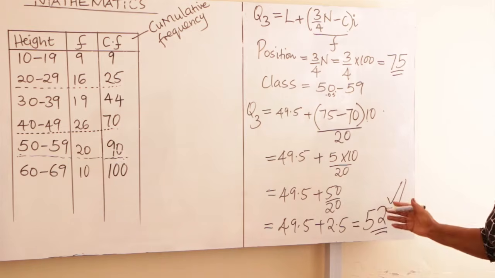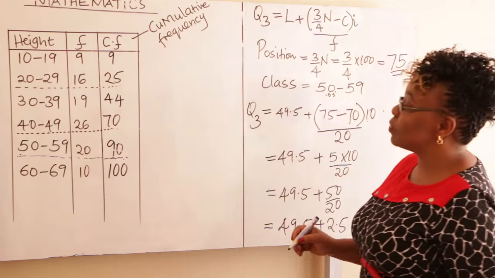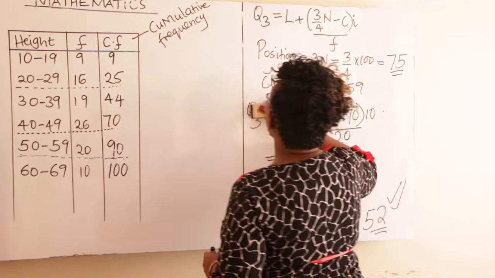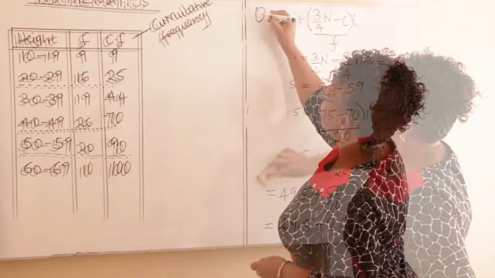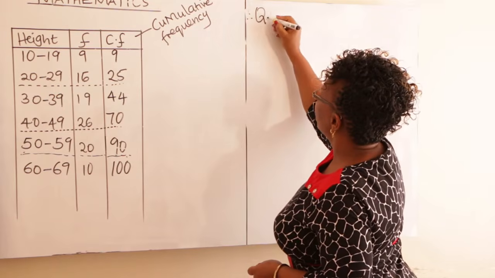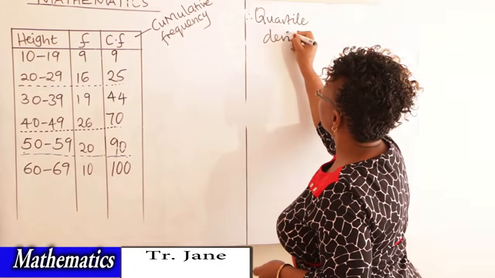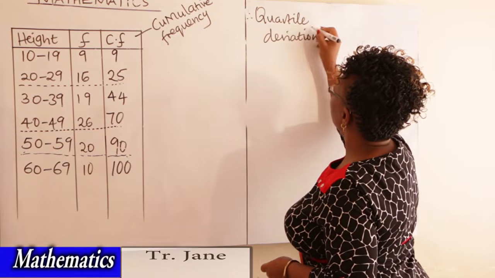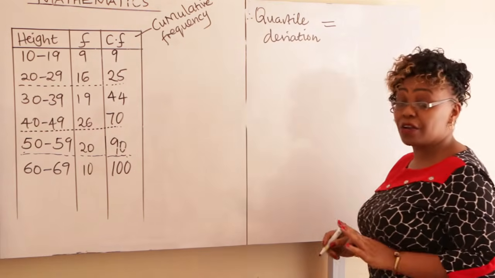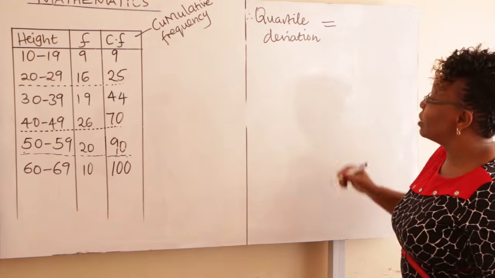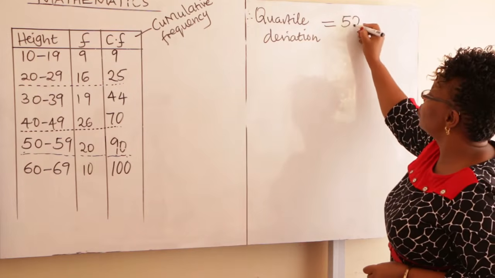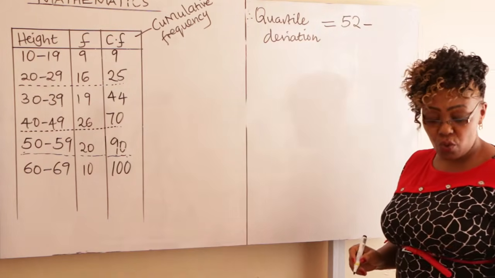So learner, with this now, it is possible to get the quartile deviation. So the quartile deviation will be equal to Q3. Our Q3 is what, learner? We have already worked it out. It is 52 minus our Q1.